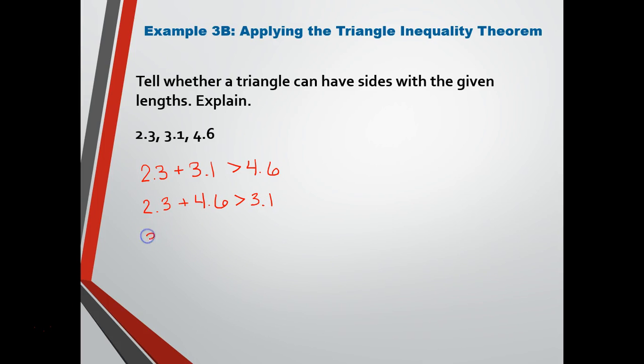And then 3.1 plus 4.6 must be greater than 2.3. If you do all of this addition, you will see that this is true, that's true, and that is true. So we can conclude that these three segments can be a triangle.